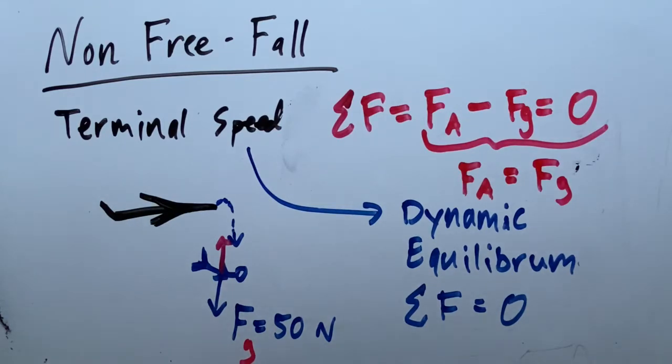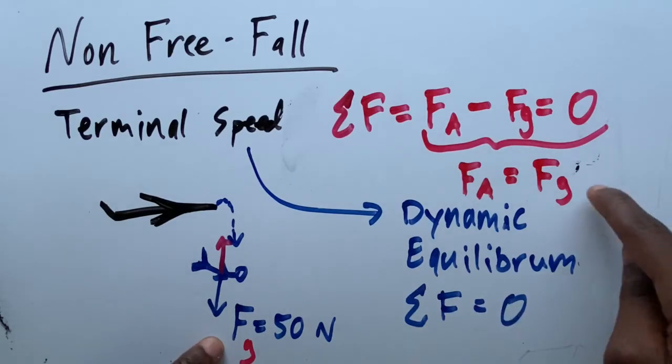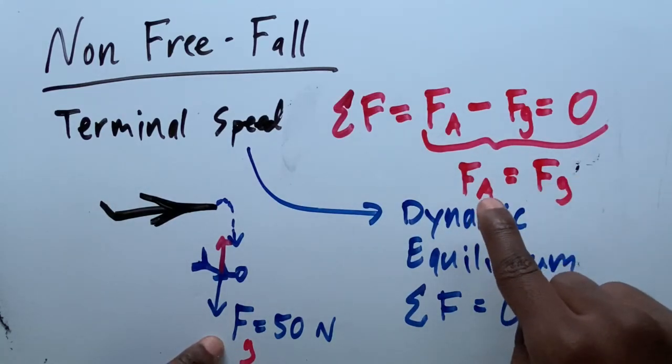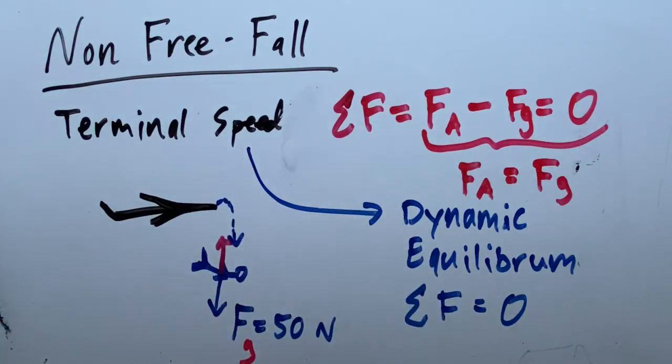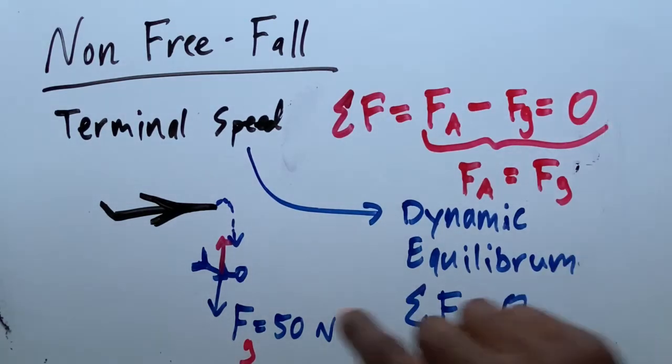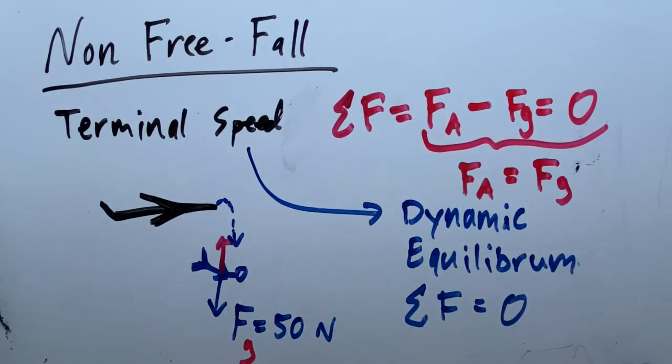So all that to say, if this person has a force of gravity of 50, then the air resistance must also be 50 in order for this person to reach terminal speed. All right, hope that makes a little sense. And that basically means that this person is not accelerating downwards, right? Because he's in dynamic equilibrium. So he just has a constant velocity as he falls down.